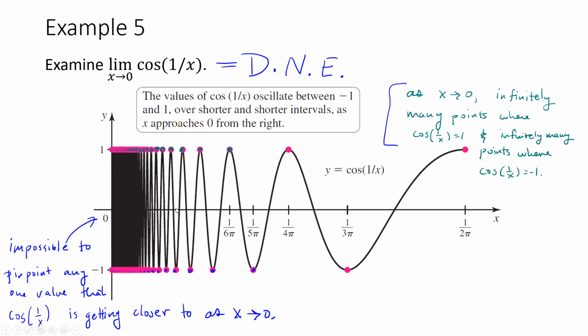As you get closer and closer to the y-axis, the person tracing the curve has to go up and down more and more rapidly. So as it gets closer to this area here, it's going up and down so rapidly that you can't quite pinpoint it. It's never going to close in on one particular value at x equals 0.